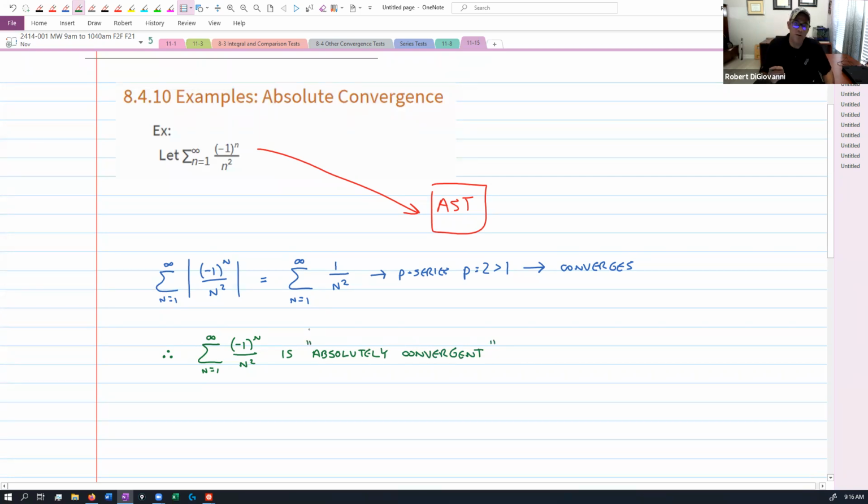Absolute convergence is not saying that the original series converges, although it is going to turn out to be that. By doing this, what we're saying is that the original series is absolutely convergent. That's what we call it, because the sum of the absolute value of the pieces converges.